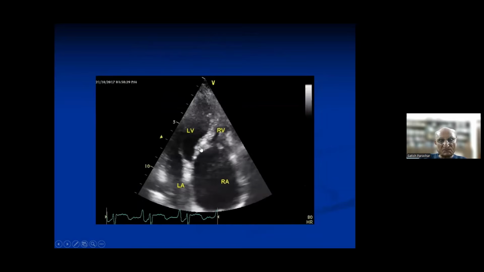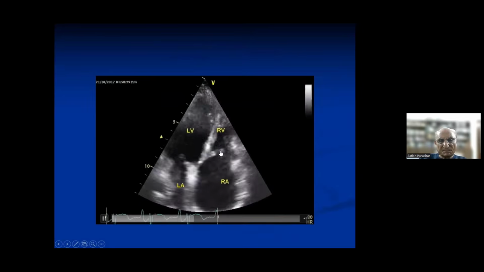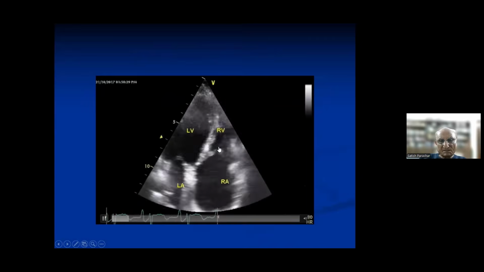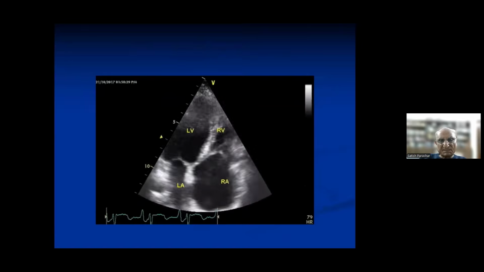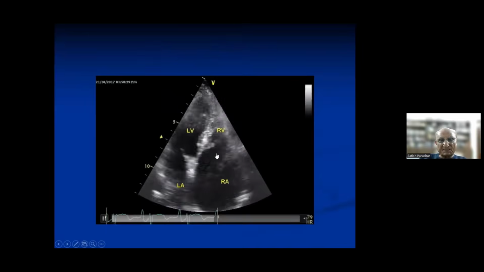And this is just to show you, I'm not showing you what case this is. You see there is an isolated thickening of the tricuspid valve, and you see there is a doming of the tricuspid valve, and you see the RA is enlarged.